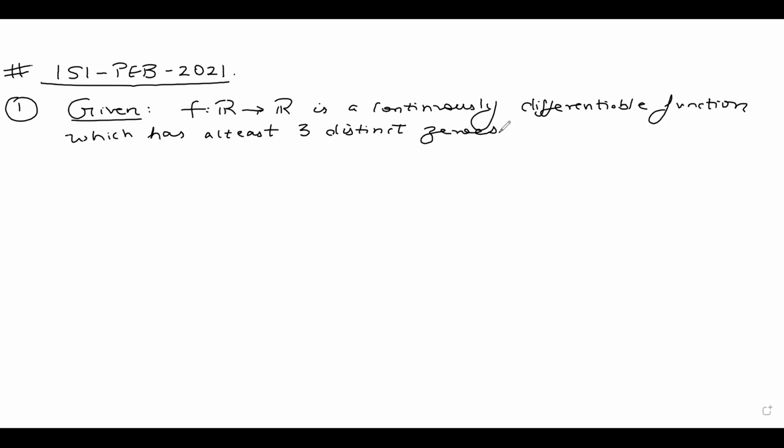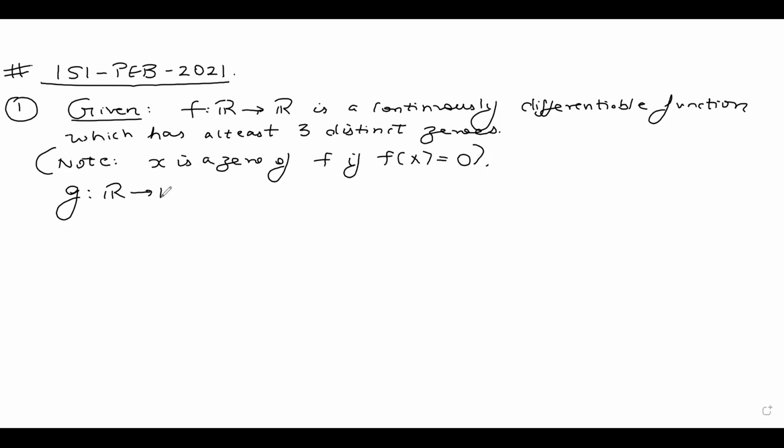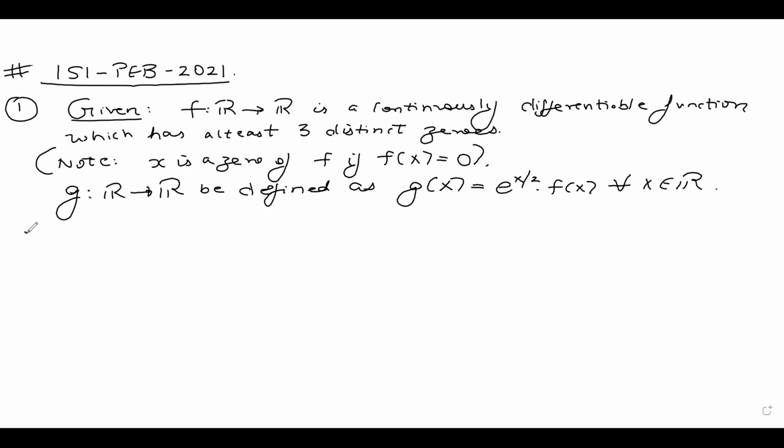Okay, and I'm just quickly writing, note that x is a zero of the function f if f of x is equal to 0. We are given that g is a function which maps R to R, defined as g of x is equal to e to the power x by 2 times f of x for all x belonging to real numbers.